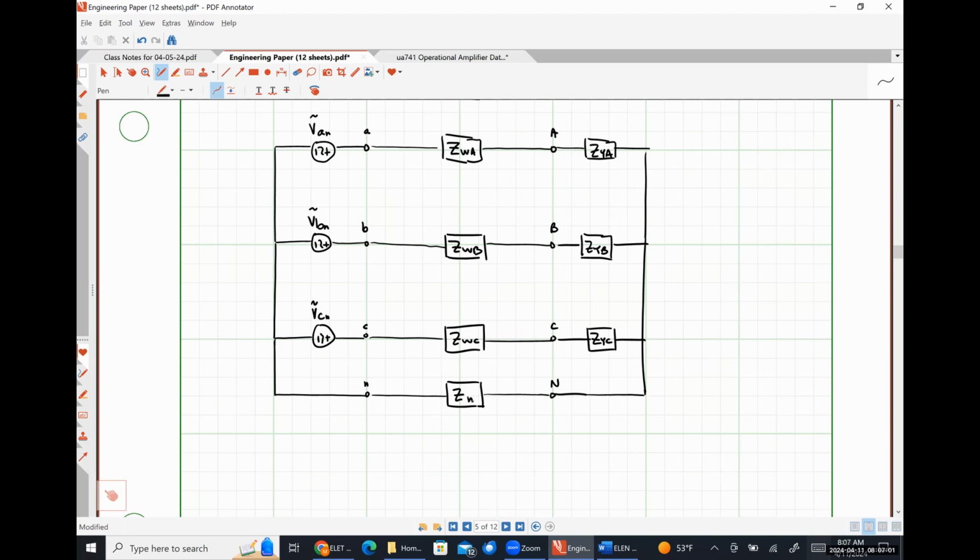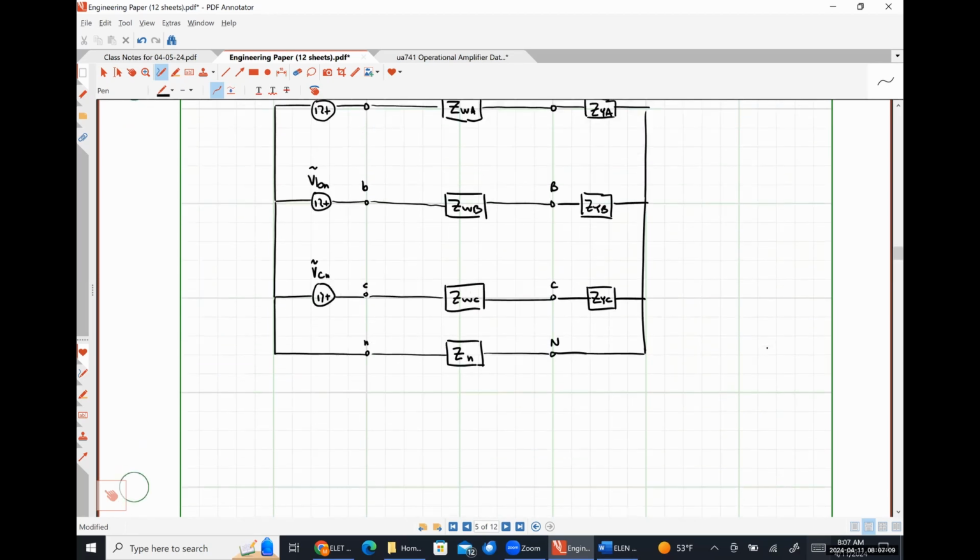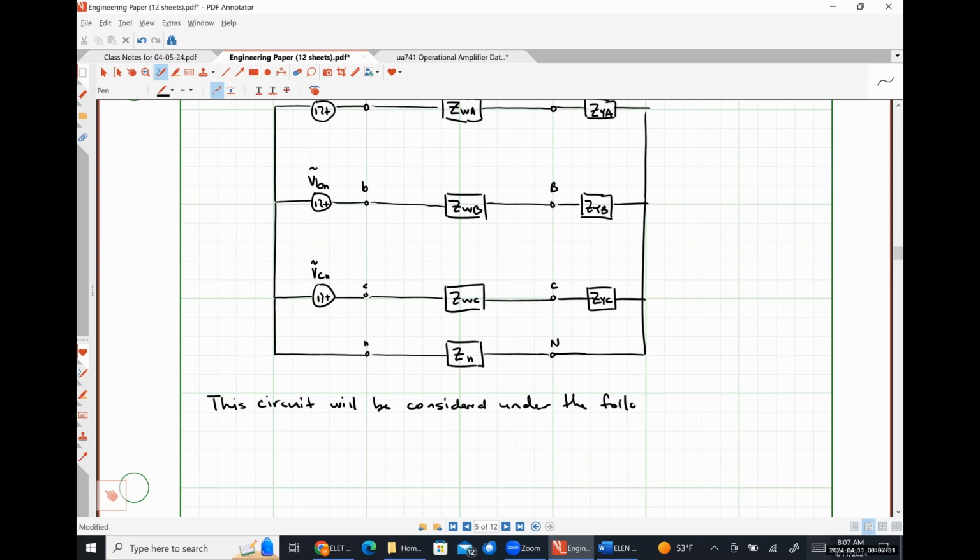So let's talk about what it takes to balance this circuit and explicitly what that means. Okay. So this circuit will be considered balanced under the following criteria. And let's start on the source side of things.